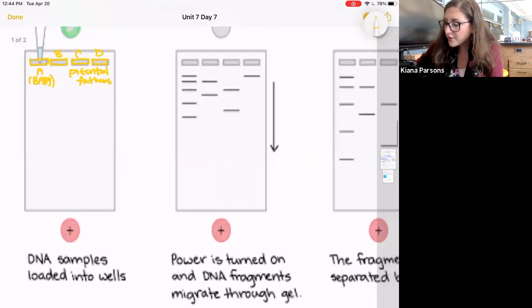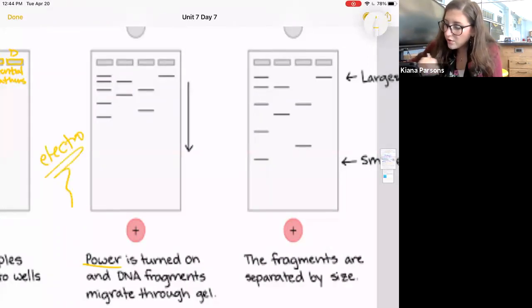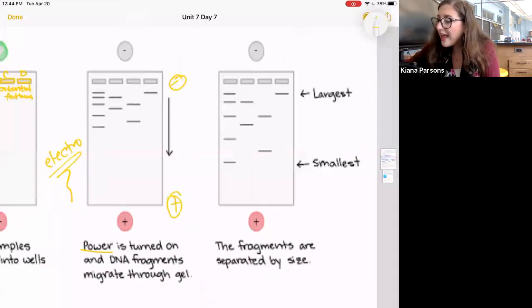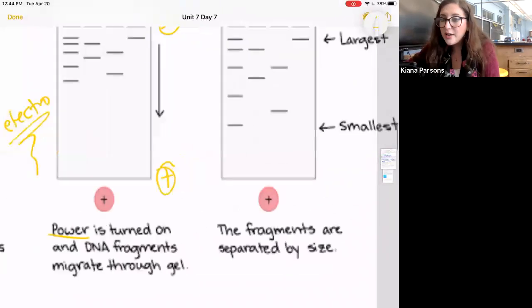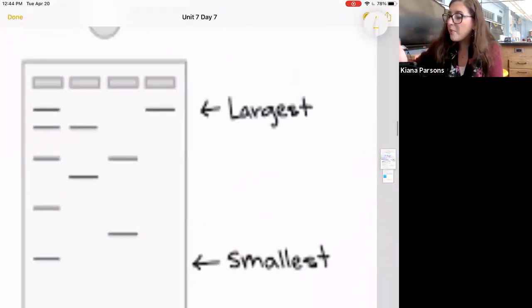So the DNA samples are first loaded into the wells, and then the power is turned on because this process is electrophoresis, right? We need power. And the DNA fragments then migrate through the gel. So they're going from negative to positive, and the largest bands will wind up closest to the negative side.